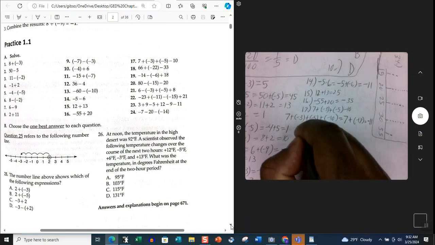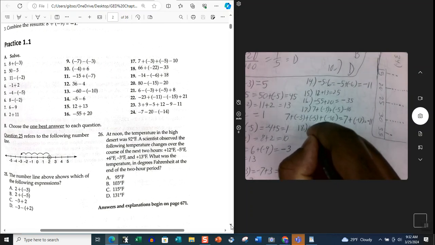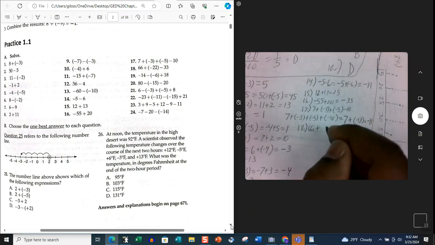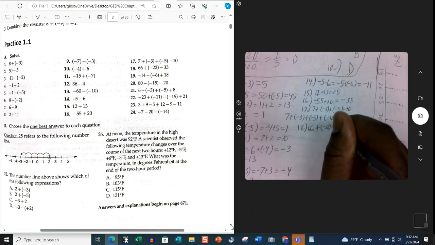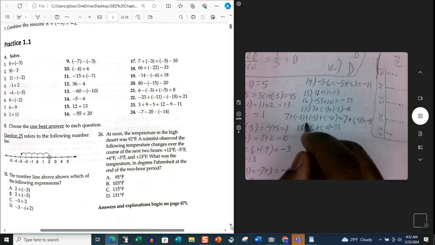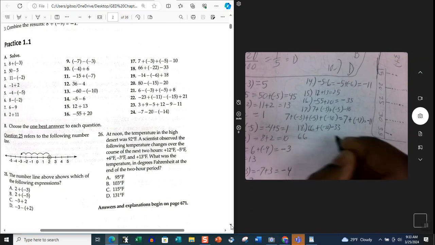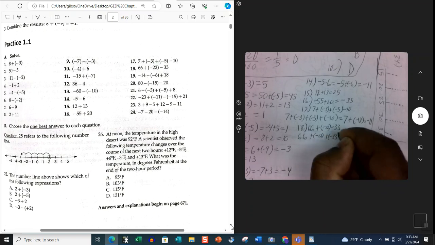So now we go to problem 18. Problem 18, we have 66 plus a negative 22 minus 33. Now we could rewrite this like we did problem 17. We have 66 plus a negative 22 plus a negative 33.